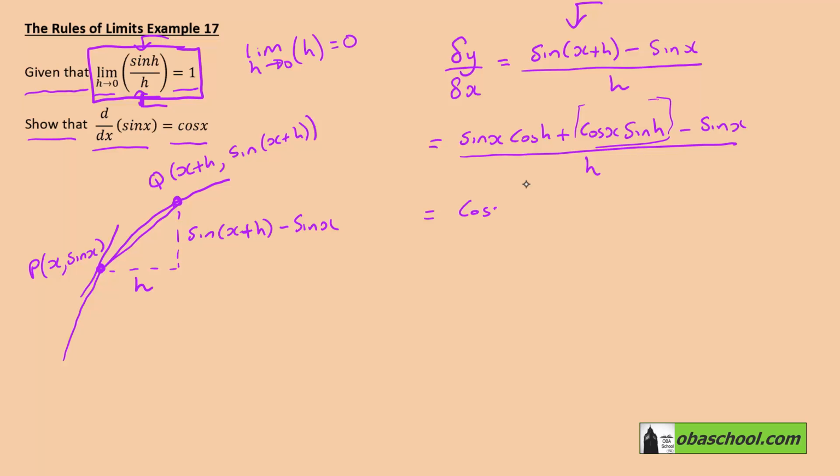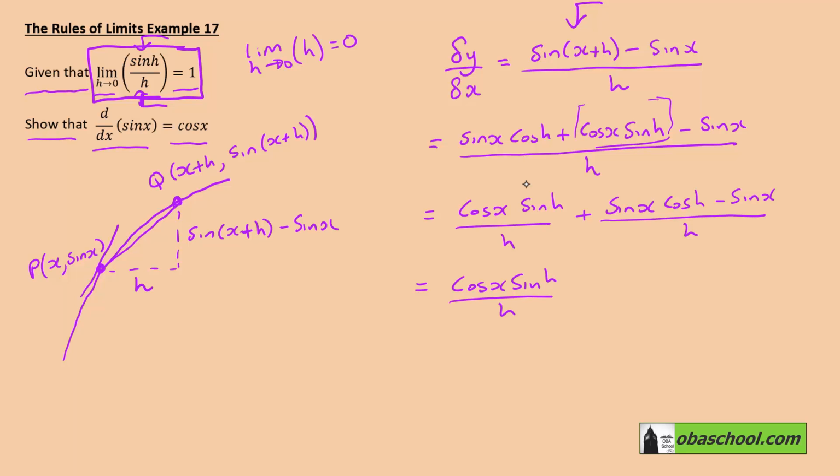So we're going to have cos x sine h over h, and then we're going to have the rest of it, sine x cos h minus sine x, divided by h. And so we get cos x sine h on h plus sine x into cos h take away 1 over h.